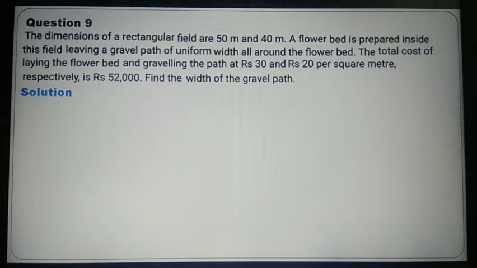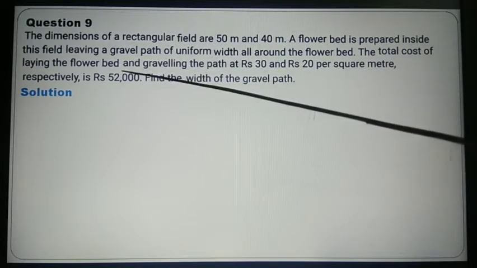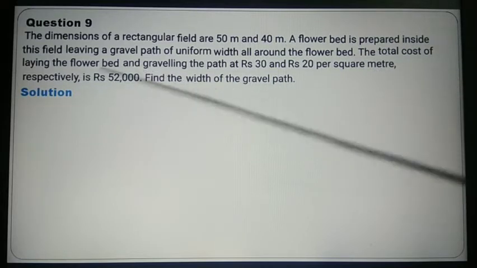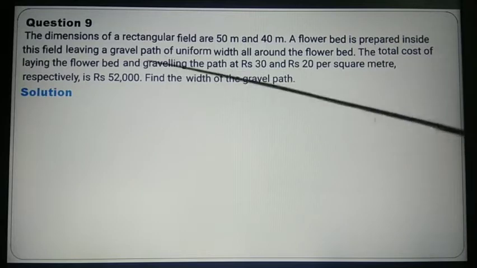Now it is said that the total cost of laying the flower bed and graveling the path at rupees 30 and 20 per square meter respectively is this much. What is the meaning of this? Let's understand.